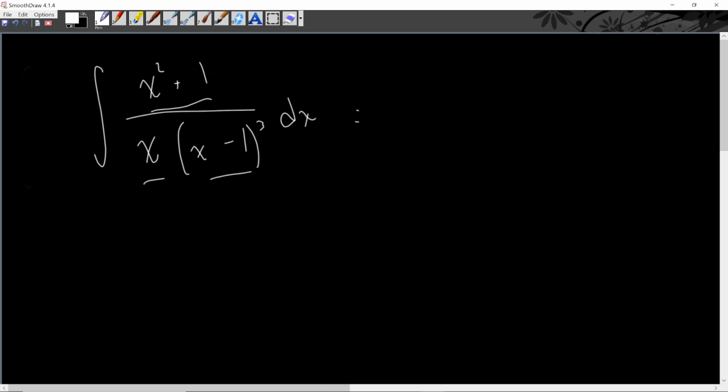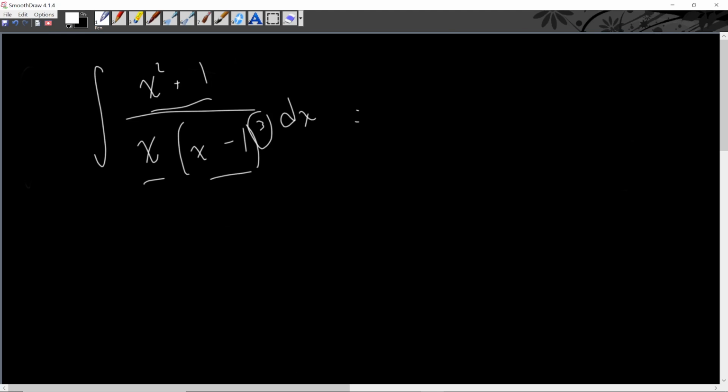And you might be thinking, okay, we'll just have a over x plus b over x minus 1 cubed. But that's not going to work. When you have these, you have to include several different things. x minus 1 is repeated 3 times, right?